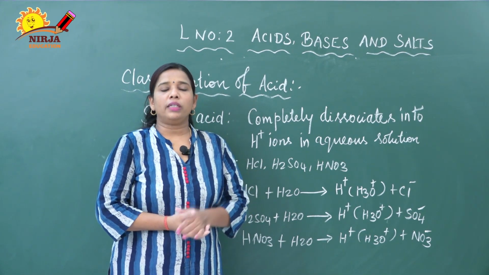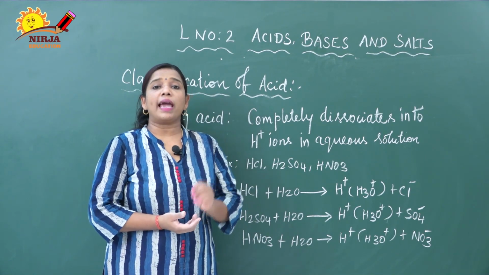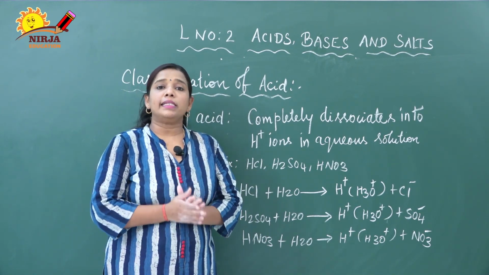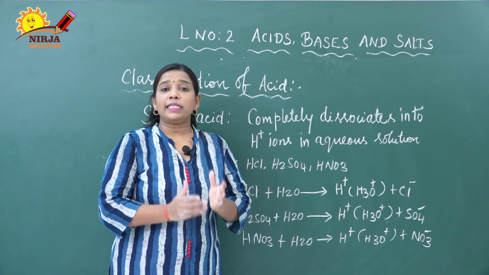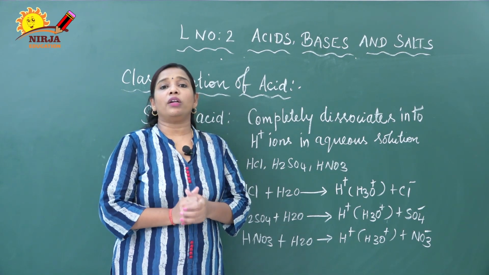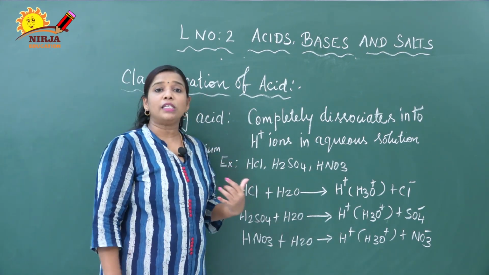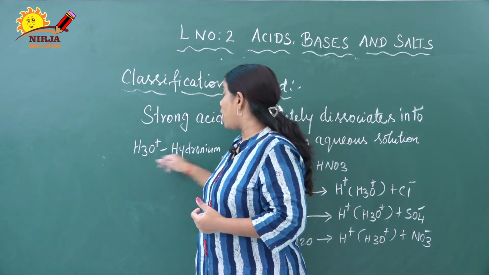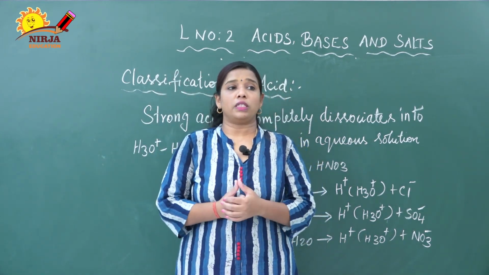As we all know, acids have a special character: when we add them into water, the acids separate H plus ion. This H plus ion is unstable, so immediately it combines with water and is converted into H3O plus. That H3O plus is called hydronium ion. This is the special character of acids.